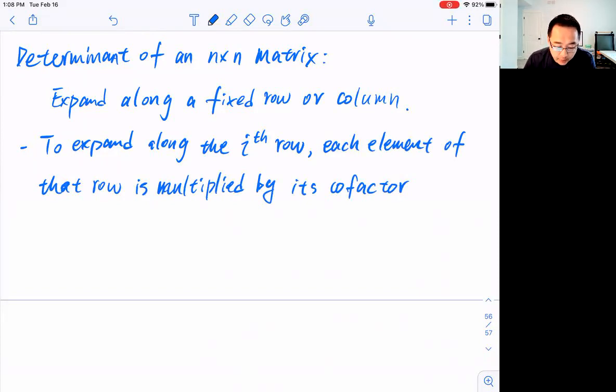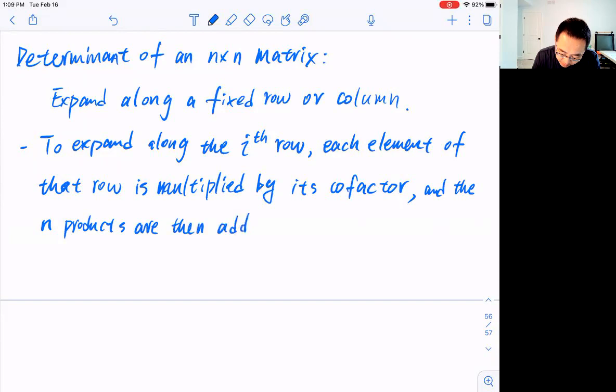And the n products are then added. What I mean by that is, in the ith row, because this is an n by n matrix, we have n elements, right? In each row there are n elements, and in each column there are n elements.